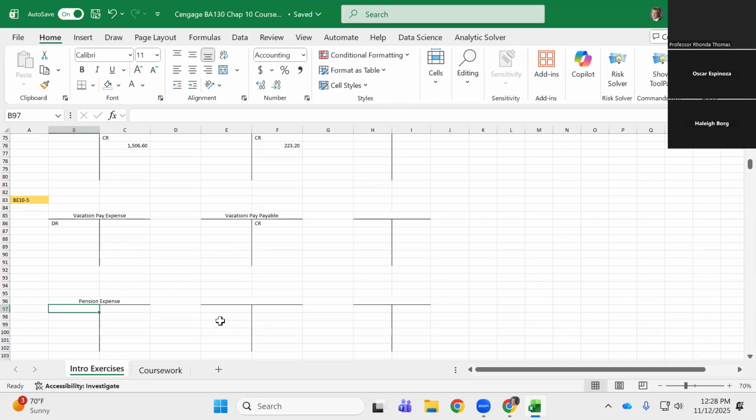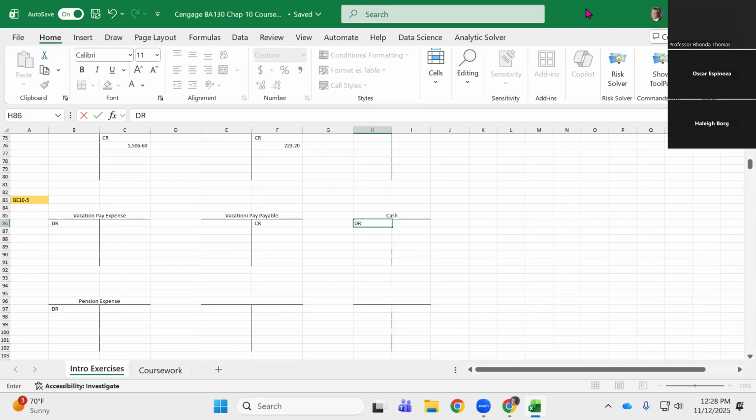They have a defined benefit, and if you're lucky to find a job that has one of these, you ought to think about holding on to it. I'm also going to put a cash account up here in case we need it. Okay, defined benefit plan.